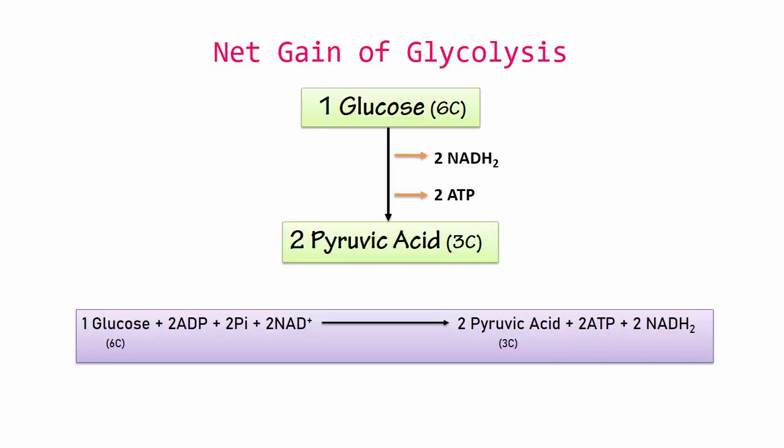You can see the reaction begins with a molecule of glucose, which reacts with two NAD molecules and two ADP units with two inorganic phosphate ions, and this is going to produce two molecules of 3-carbon pyruvate plus two molecules of NADH plus two ATP molecules.